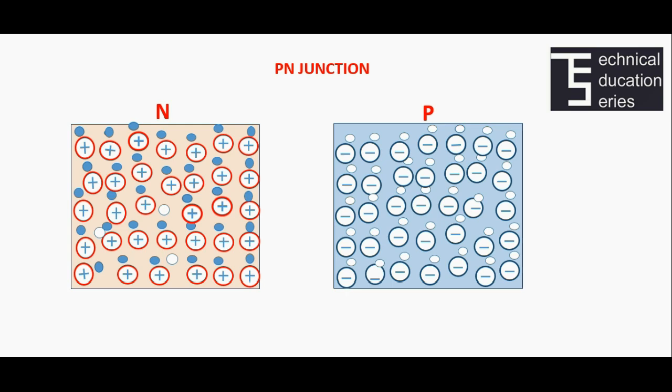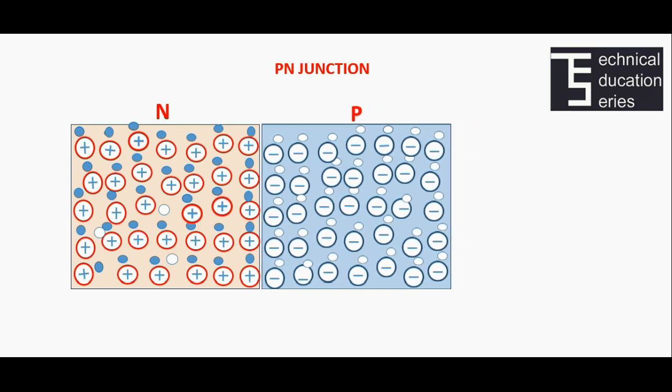This PN junction is the basic building block of all the semiconductor devices used in electronic equipment. While forming a PN junction, the most important thing is the action that takes place at the moment they form a PN junction. And we will see that.